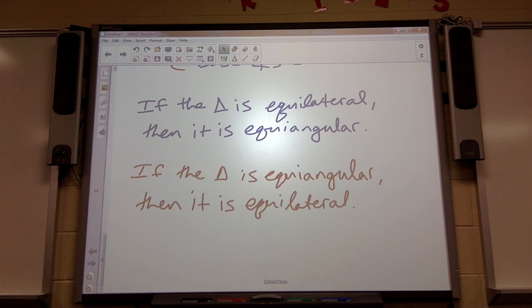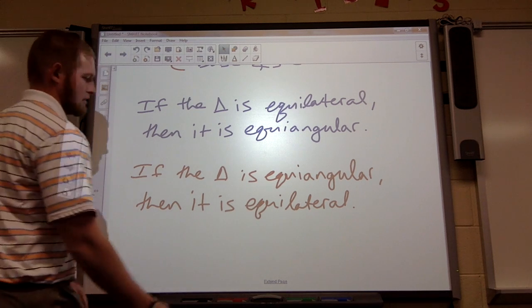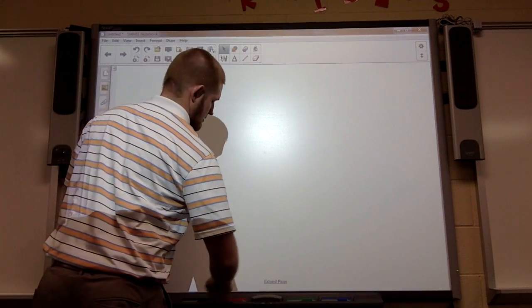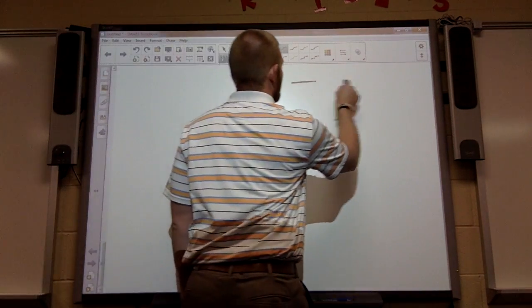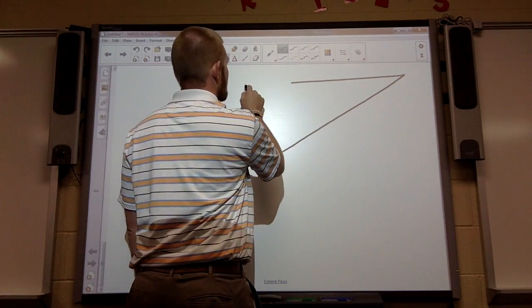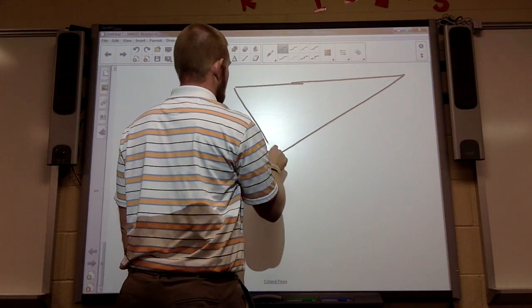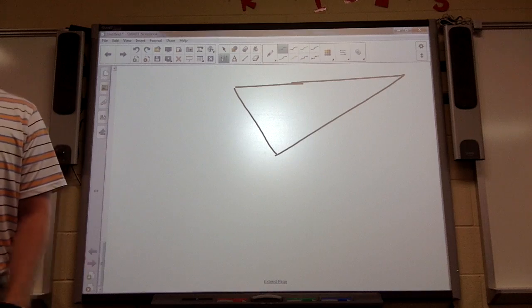Okay, using that idea, and what we just talked about with our two new theorems, let's work through a problem here. Okay, so I have this diagram here.